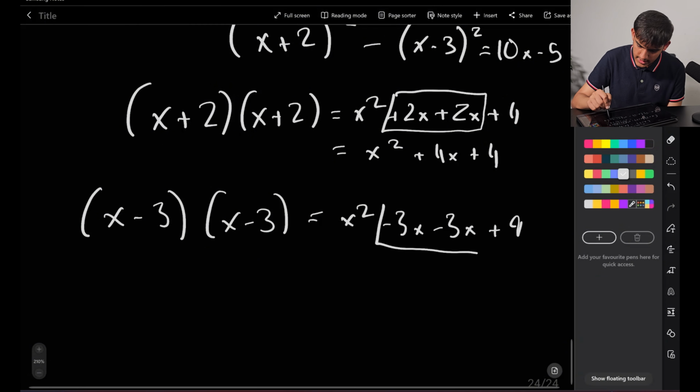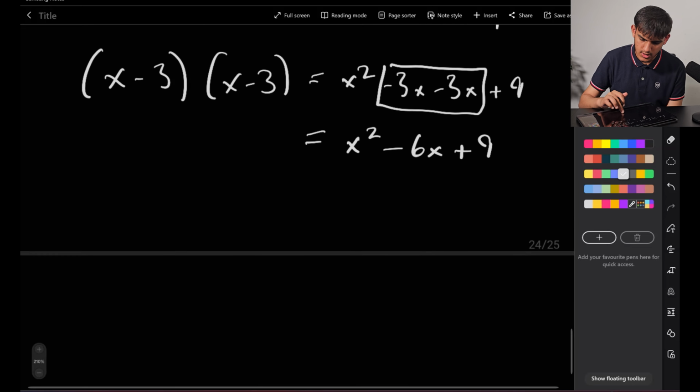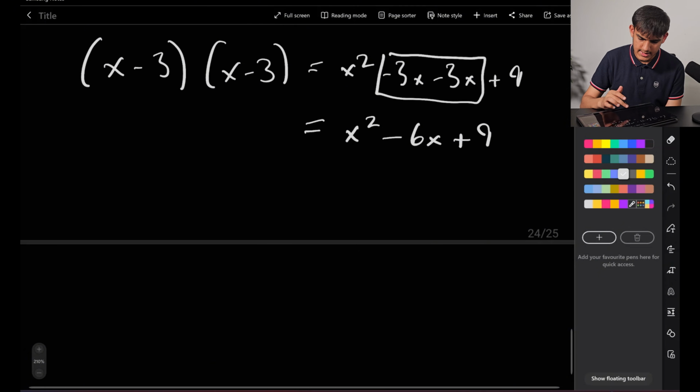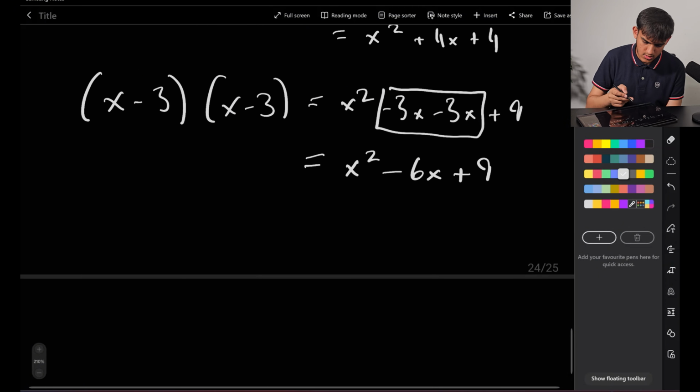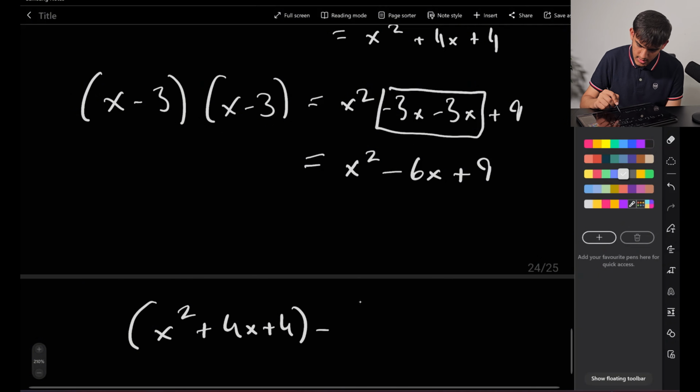Once again, we simplify it, which gives us x squared minus 6x plus 9. Obviously, the question asks us to take these away from each other. So what we have to do is x squared plus 4x plus 4 take away x squared minus 6x plus 9.